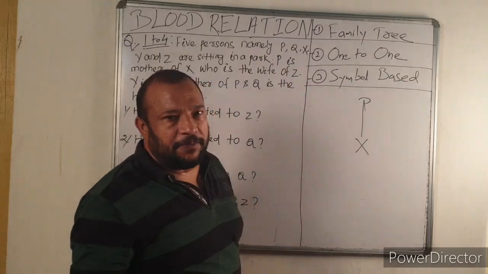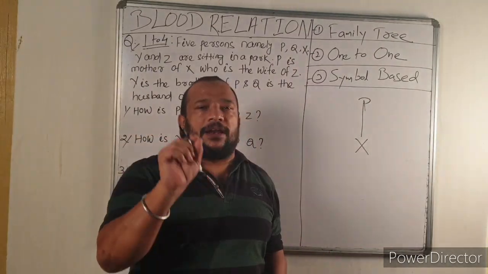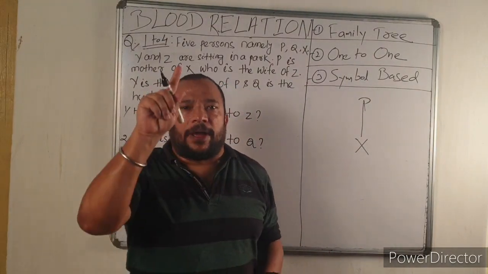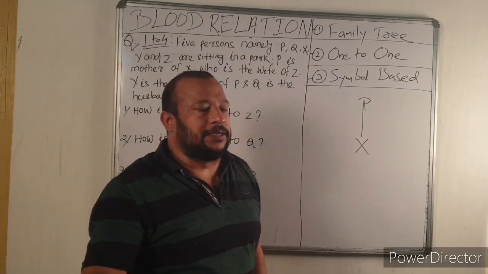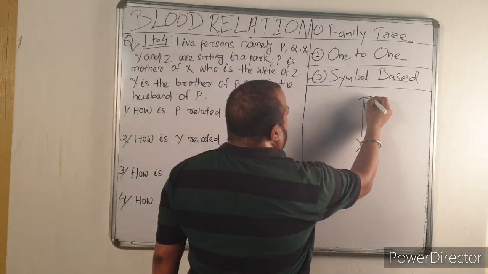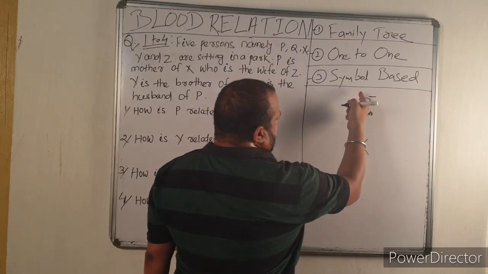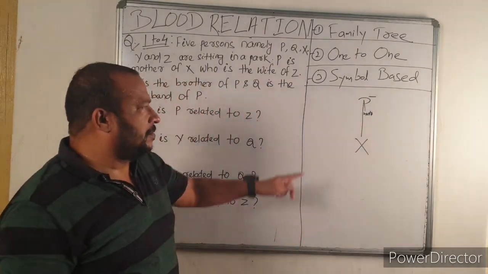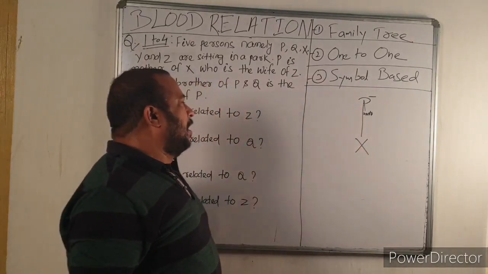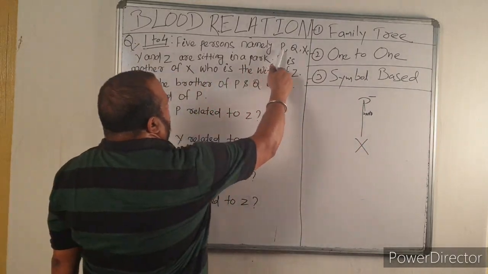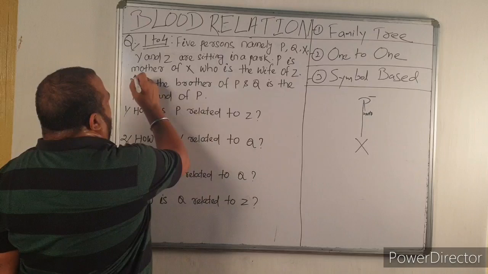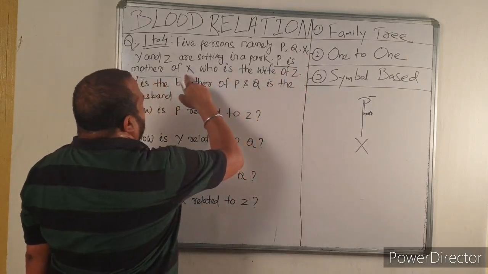Mother means female. Remember, for female put a minus symbol and for male put a plus symbol. So here will be the minus symbol. In short, write down P is the mother of X.